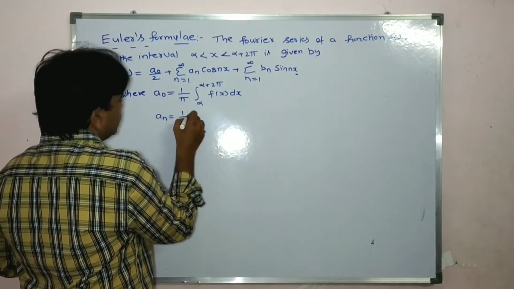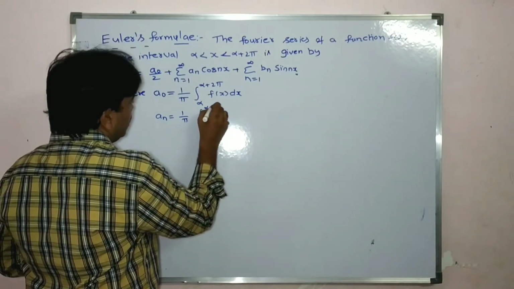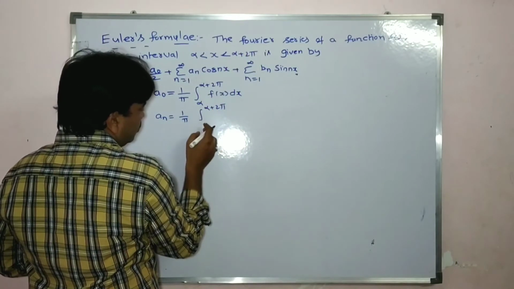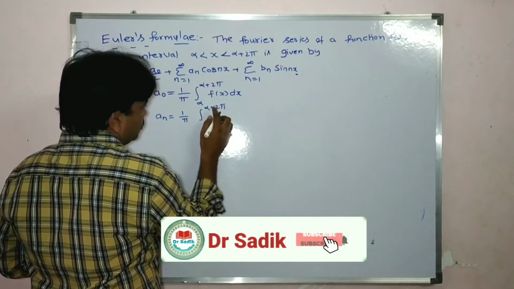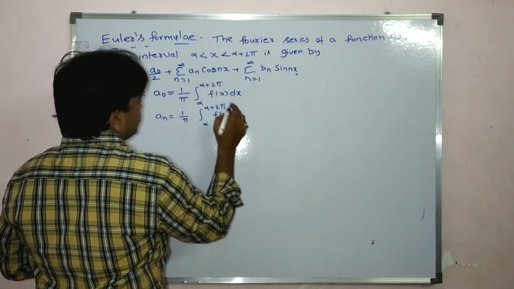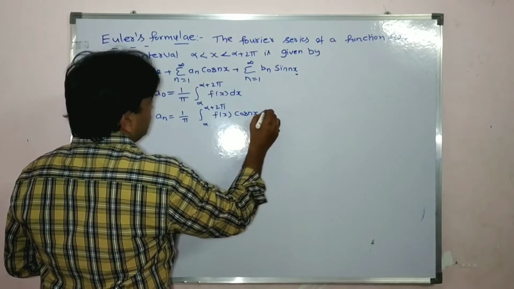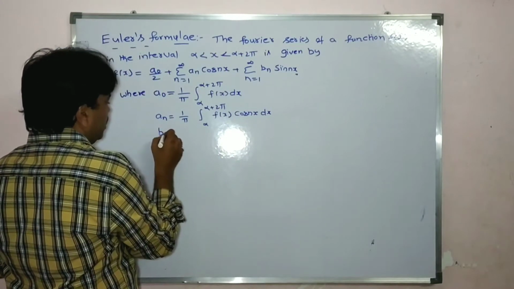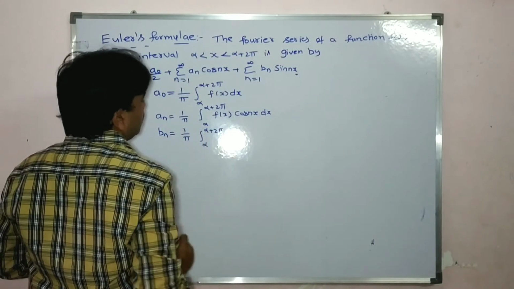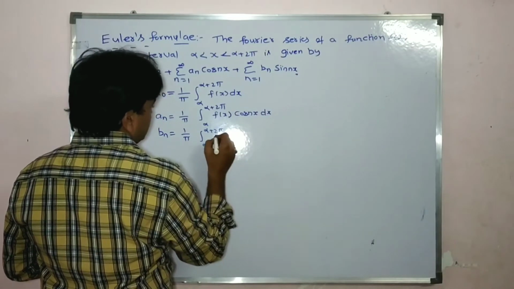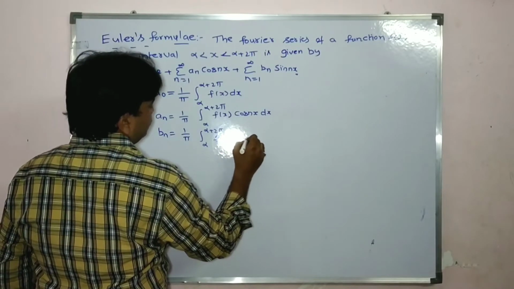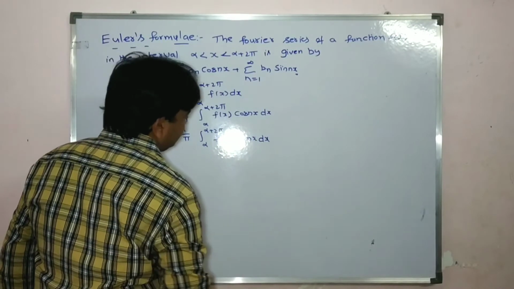Because our interval is alpha to alpha plus 2 pi, the lower limit is alpha and the upper limit is alpha plus 2 pi. an is 1 by pi integral alpha to alpha plus 2 pi f of x cos nx dx. And bn is 1 by pi integral alpha to alpha plus 2 pi f of x sin nx dx, where f of x is the given function.